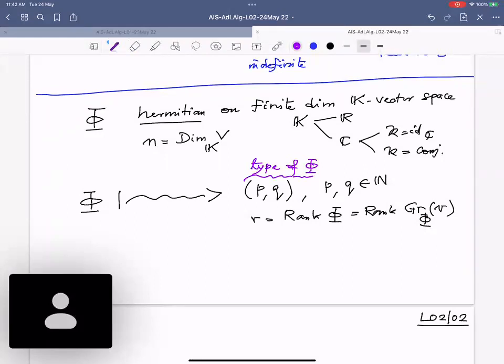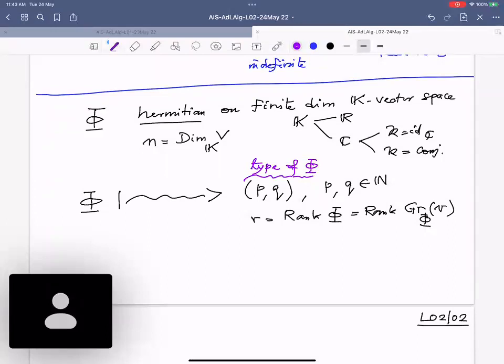And how do I define them? Because I want to choose a good basis. That's always the case in linear algebra also. When you have a linear map, you want to find a nice basis. Why do you say nice? Because your calculation becomes pleasant and easier.